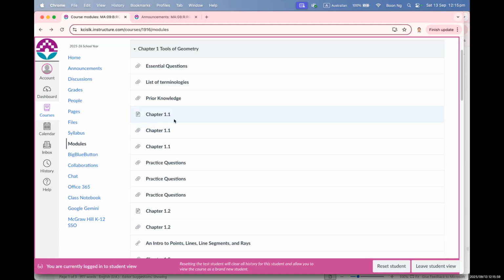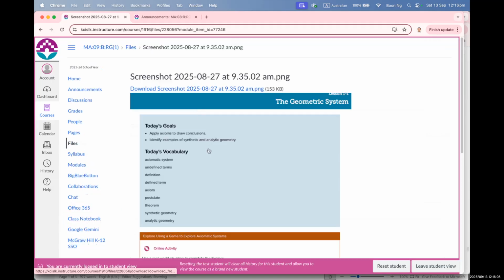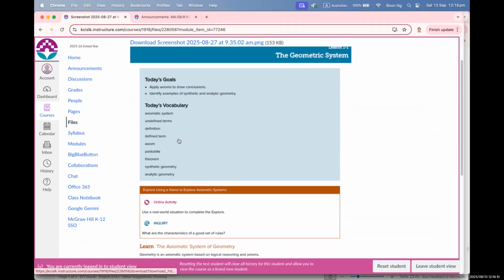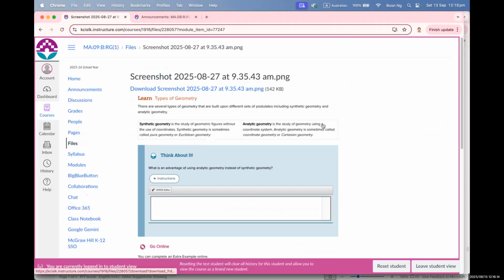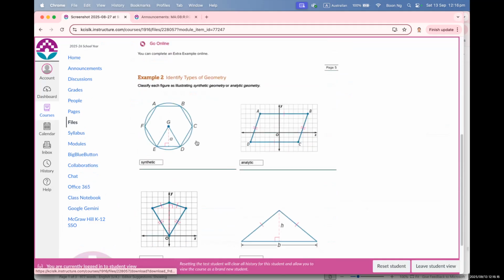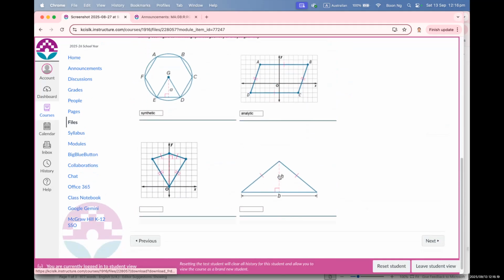Chapter 1.1 is one subsection. You can see here in chapter 1.1 the learning target and the vocabulary. It also has the examples, with the answers.